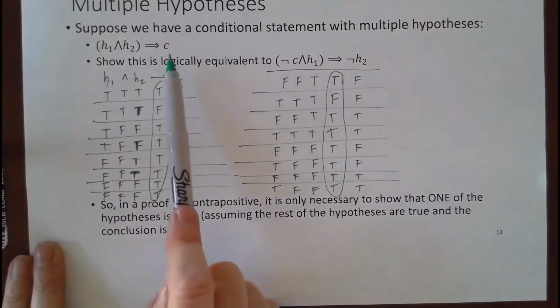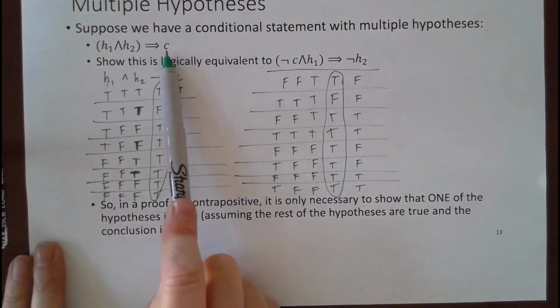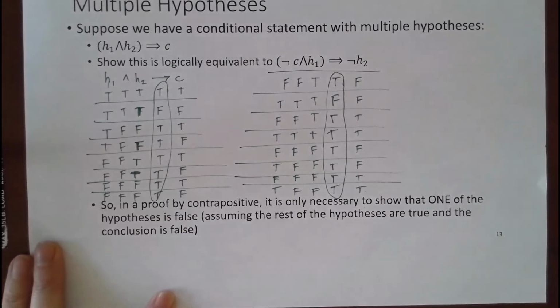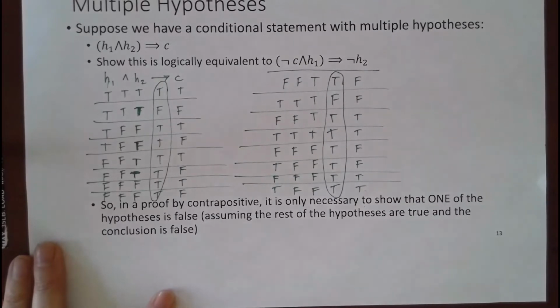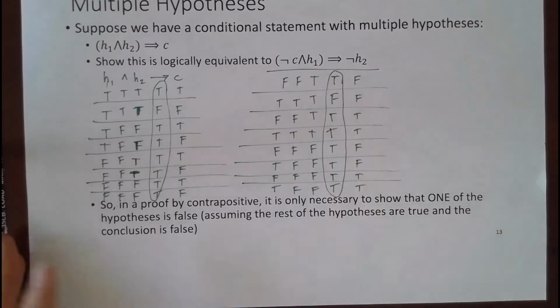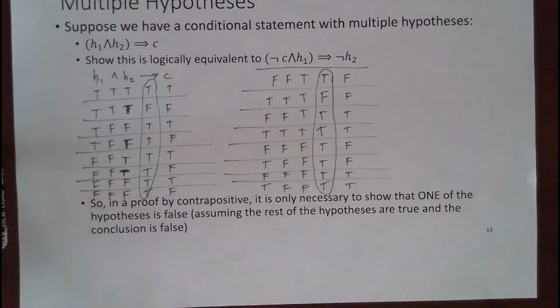Okay, normally we would think of the contrapositive of this as not C implies, and then you would move everything over, and you would put not H1 or not H2 on the other side, right? Okay, but you can leave this one over here, and it's still equivalent to the contrapositive, or to the original statement, which is also equivalent to the contrapositive. So all of those things are equivalent.